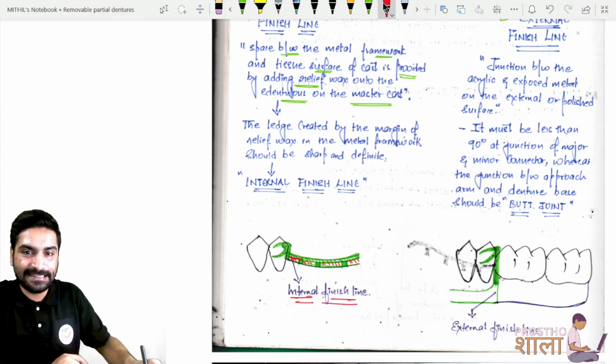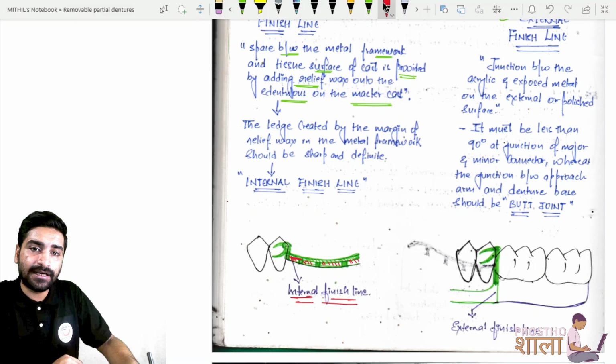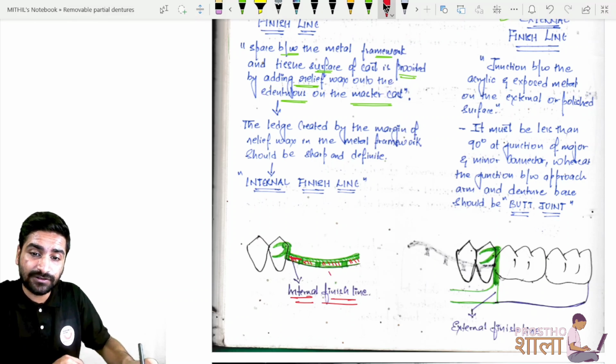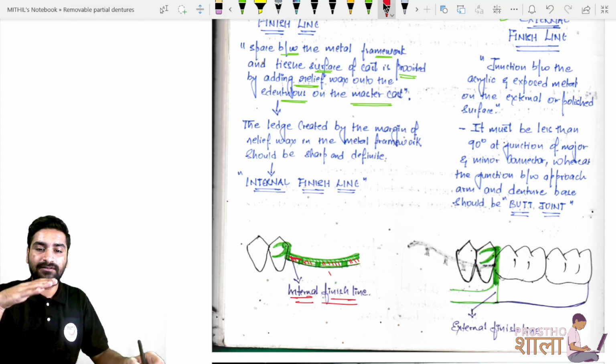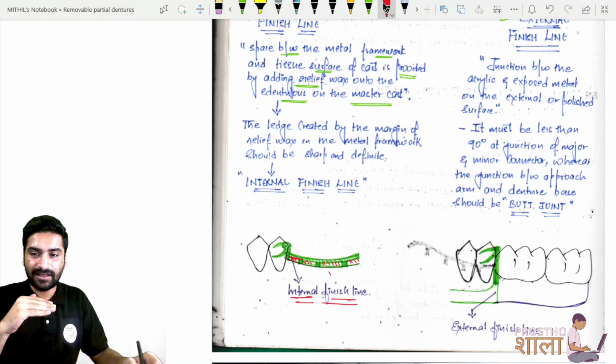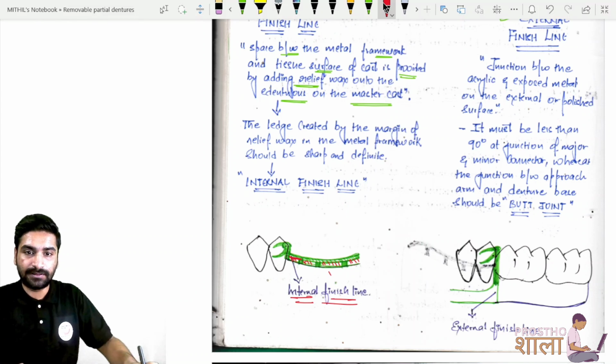Now after seeing the diagram, we'll study the definition. It is a space between the metal framework and the tissue surface of the cast. And how do you provide that space? By adding a layer of wax, so that when you cast that framework, there is some amount of space between the framework and the tissue surface.